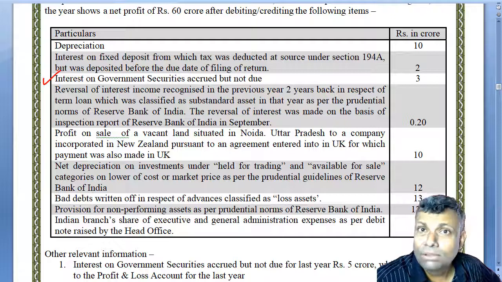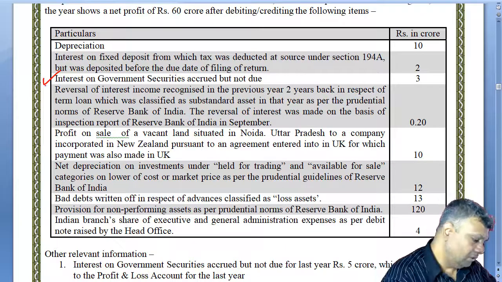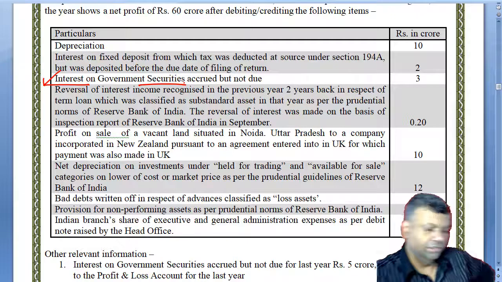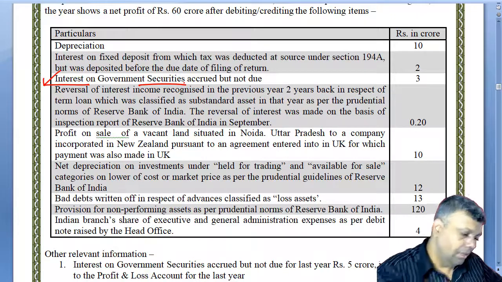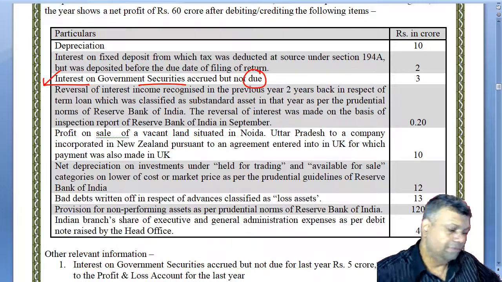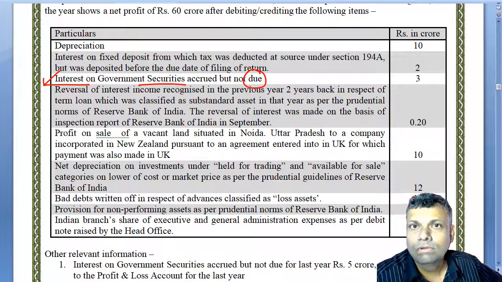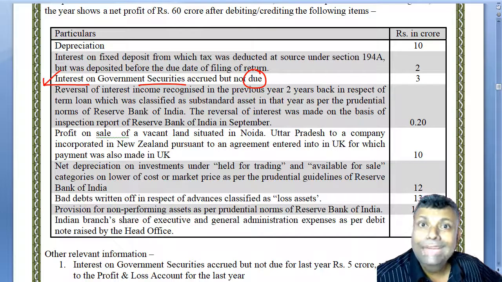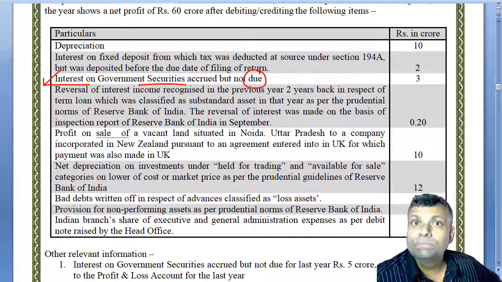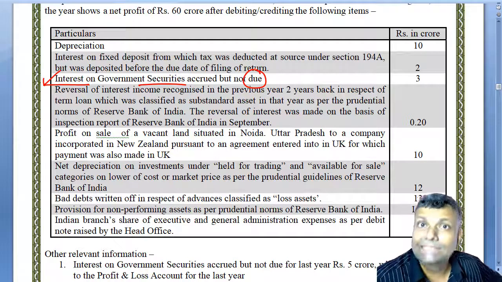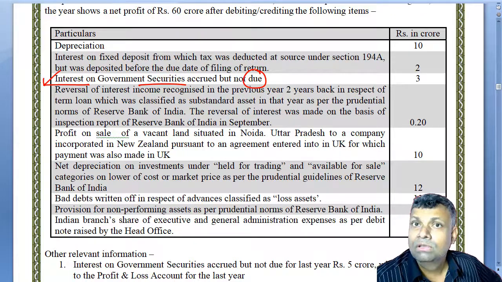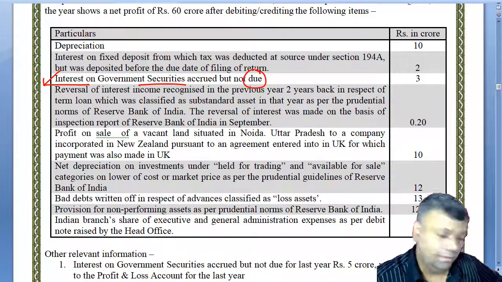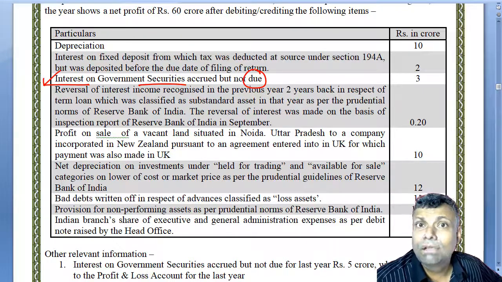The income tax law says that interest on securities by default is taxable on the due basis. I repeat, interest on securities by the specific provisions of the Income Tax Act, sections 7 and 8, read together with section 145, makes it very clear that interest on securities by default will always be taxable on the due basis.